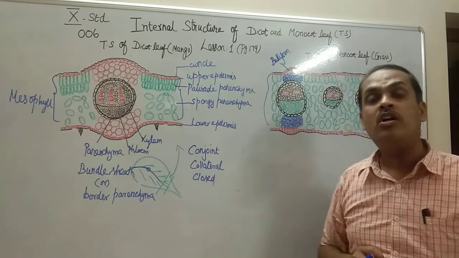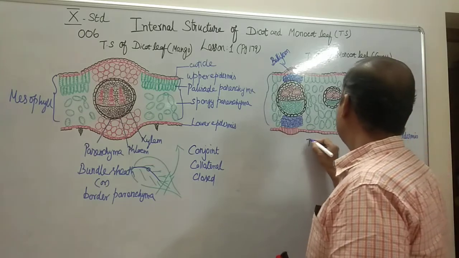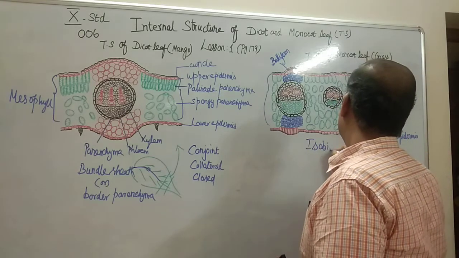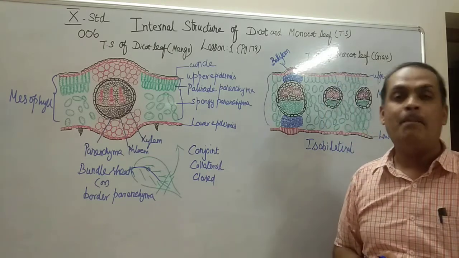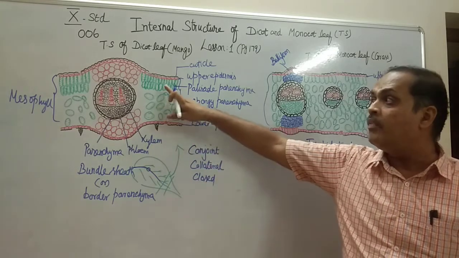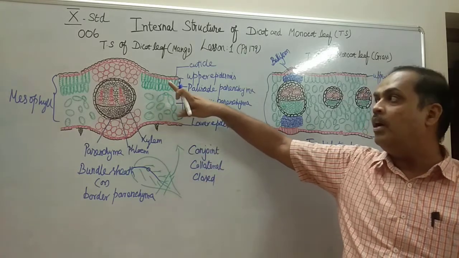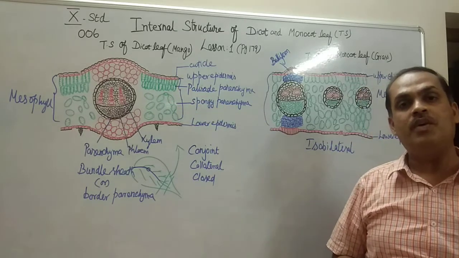So all monocot leaves are called isobilateral leaves. That means there is no clear differentiation of palisade parenchyma and spongy parenchyma, whereas in dicot leaf there is a clear differentiation of palisade parenchyma and spongy parenchyma, so it is called a dorsiventral leaf.